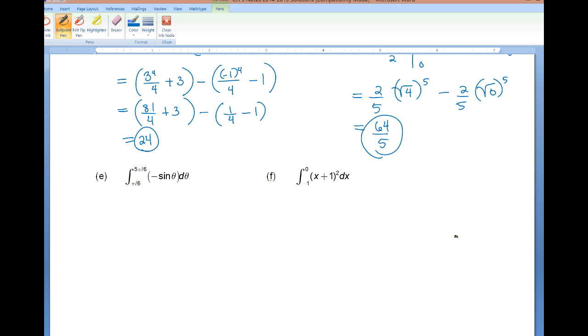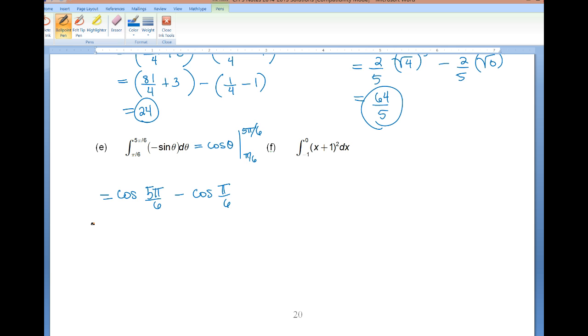Okay, what's the antiderivative for negative sine? Regular cosine, because the derivative for cosine is negative sine. So it's cosine of theta evaluated from pi over 6 to 5 pi over 6. So cosine of 5 pi over 6 minus cosine of pi over 6.